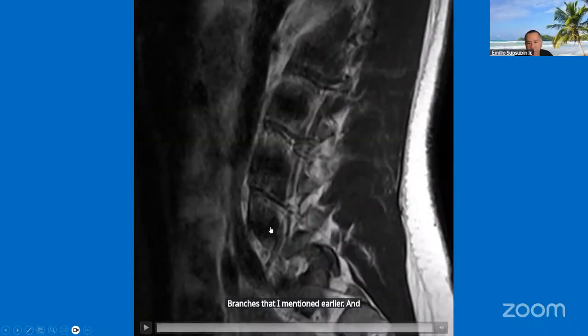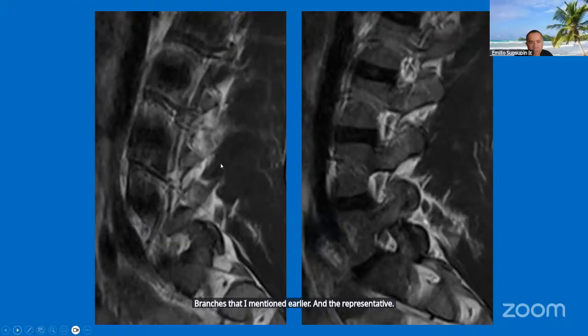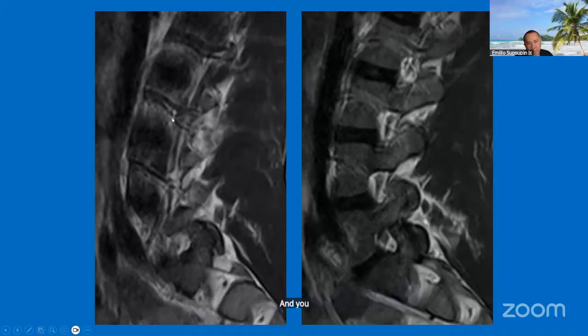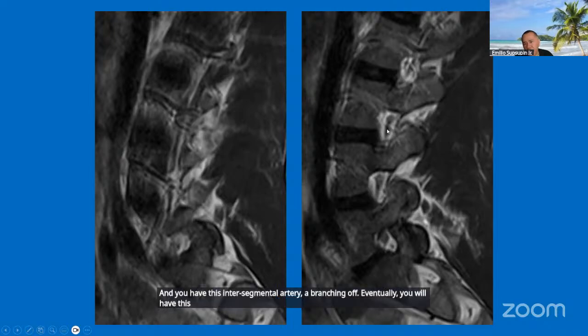And the representative images are here. Again, the inferior vena cava, the tributary is the lumbar artery, and you have this intersegmental artery branching off. Eventually, you will have this radiculomedullary artery, and you have this nerve root.